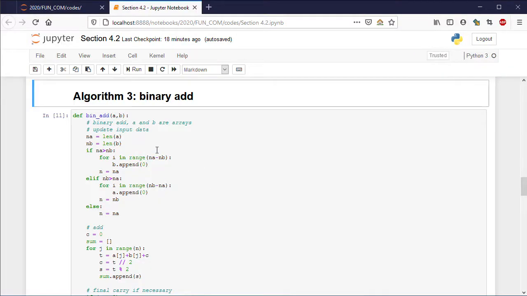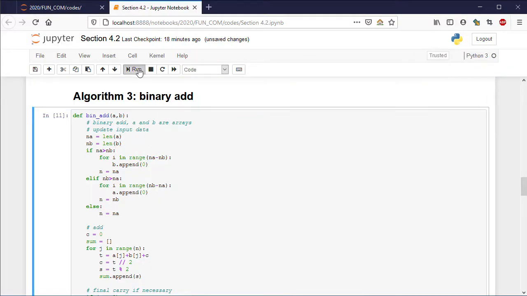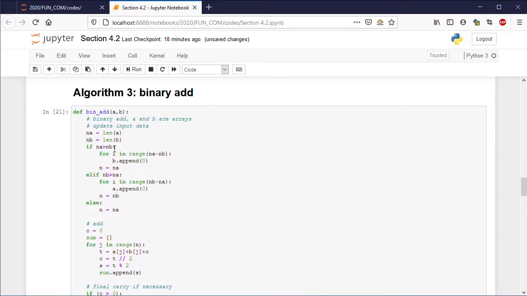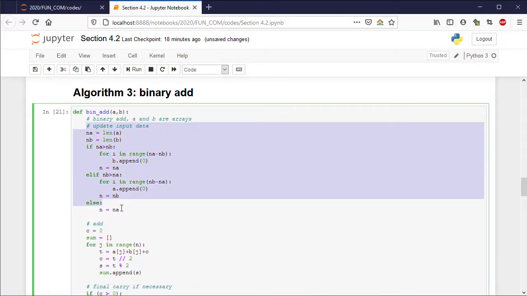So I also have my own Python program. The first few lines are used because, as I explained previously in my example, I'm using a list to represent this number.